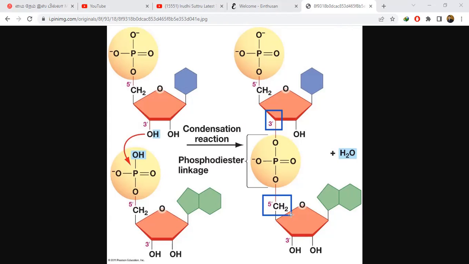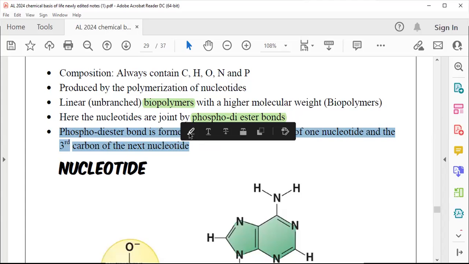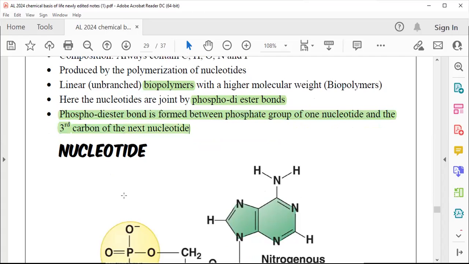Phosphodiester bond is situated between the third carbon of one nucleotide sugar group and the fifth carbon of the other nucleotide sugar group. That is the meaning. Later, we will fully discuss it. Just an idea for you to understand this point. Can you understand this point? Check, will you?